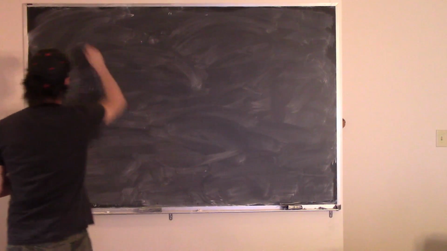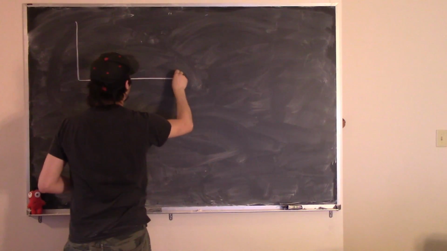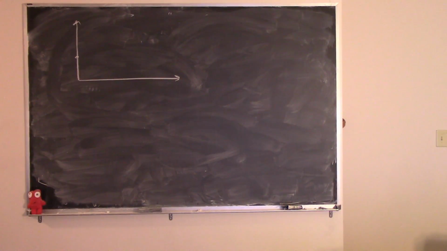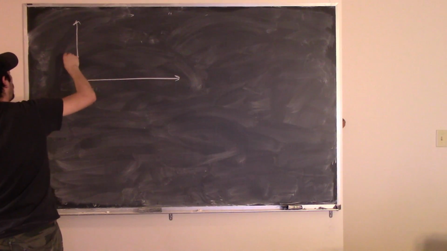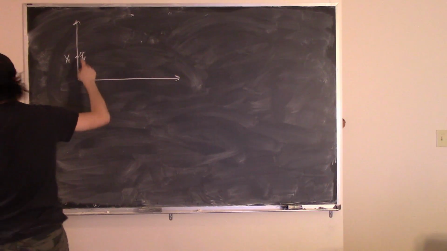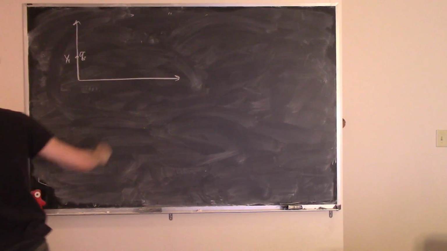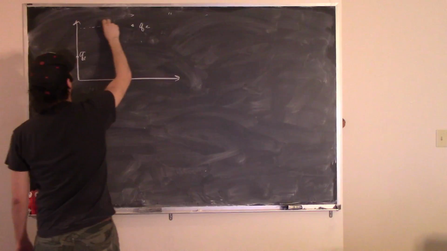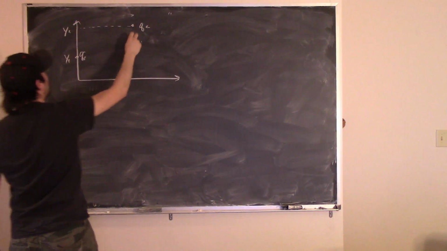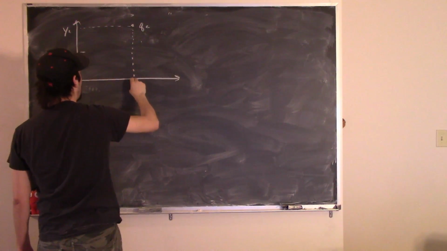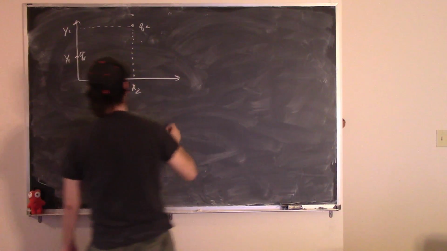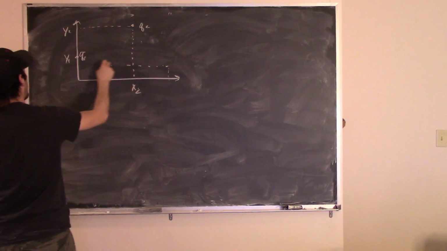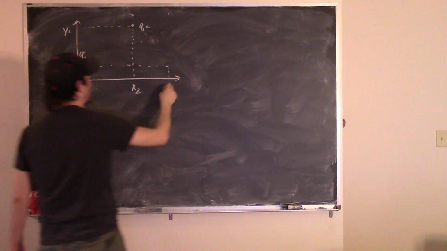So for this problem, what we have is some charge Q1 that's going to be at a point y1 on the y-axis, some charge Q2 that's at some point y2 and x2, and some charge q3 that is at some point y3 and x3.